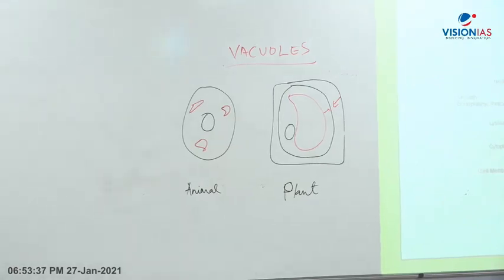Vacuoles in plants provide the pressure which holds the plasma membrane against the cell wall. Plasma membrane or cell membrane, they are the same thing.